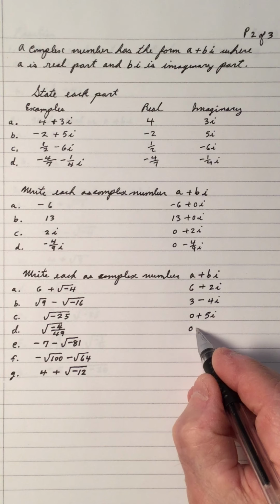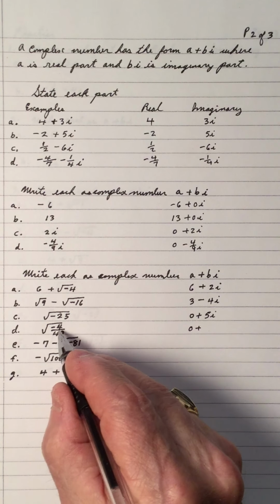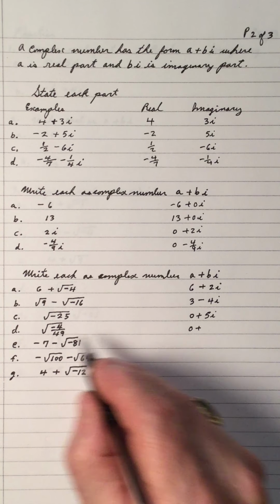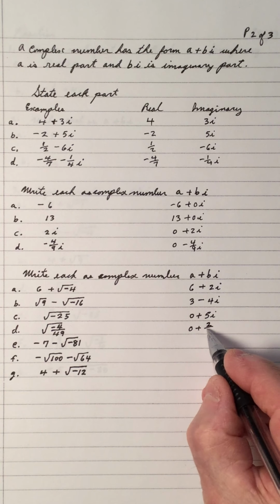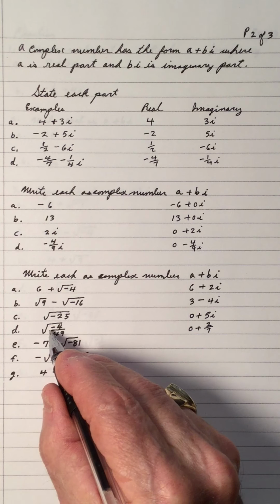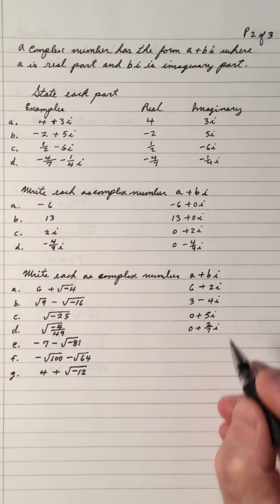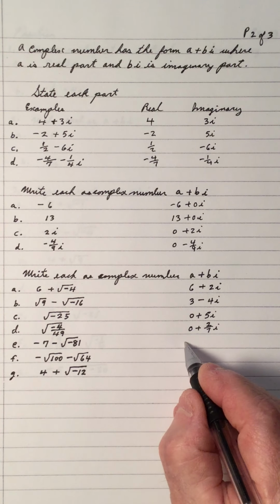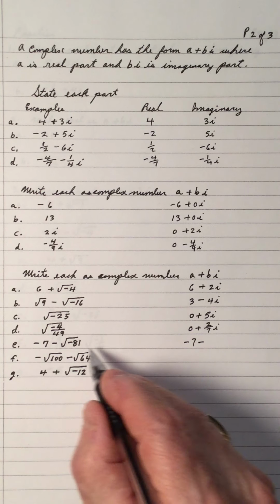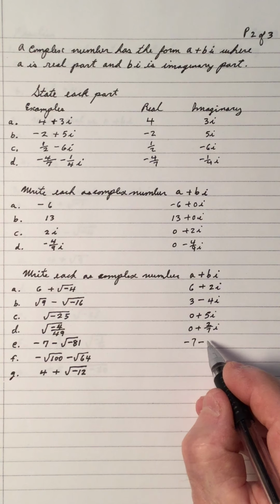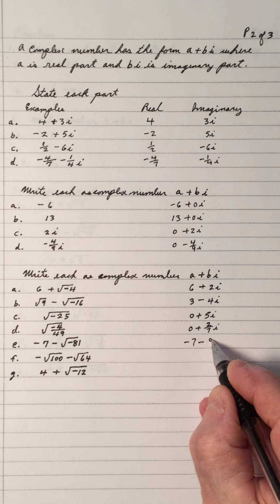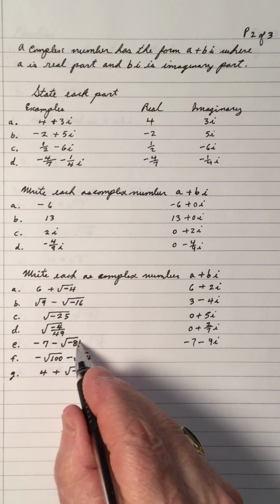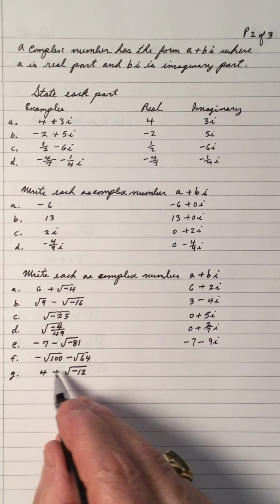So we have a 0 plus the square root of 4 is 2, the square root of 49 is 7, so it's 2 over 7, and because it's the square root of a negative number, we have an i. And E, the real part is negative 7, and the imaginary part is the square root of 81, which is 9 with an i, because the square root of a negative number has an i.